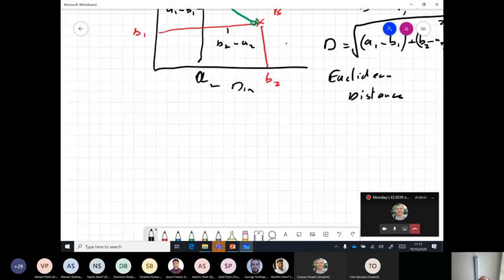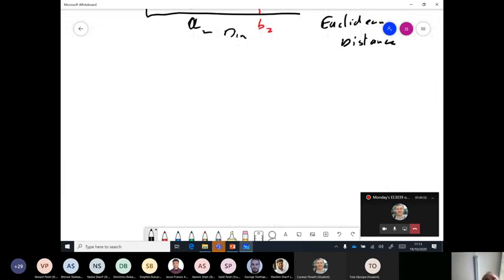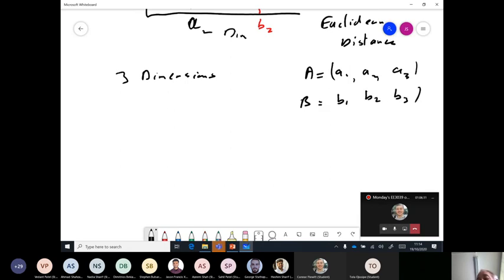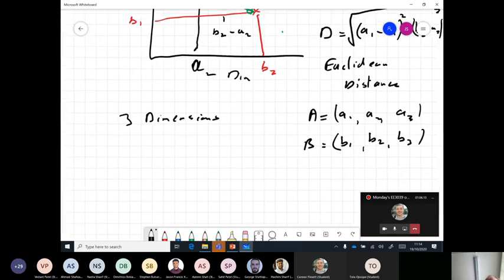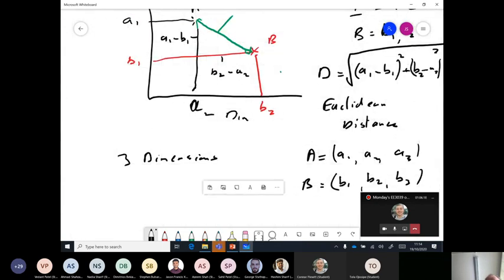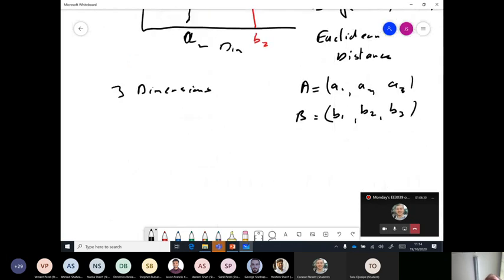Now, in 3 dimensions, let's take A equals A1, A2, A3, and B equals B1, B2, B3. You can use geometry in 3 dimensions, something you can try on your own, but I'll give you the result.